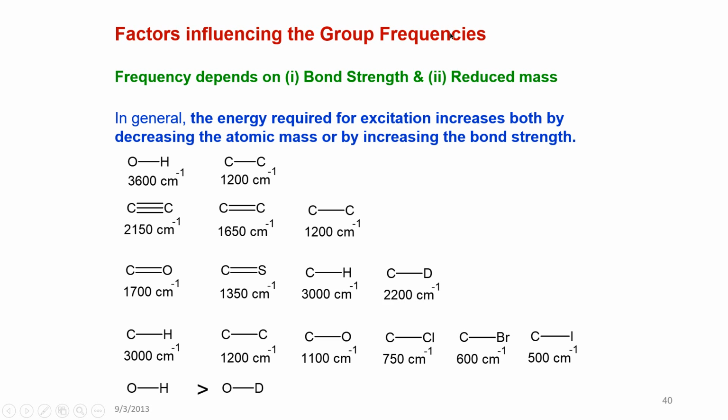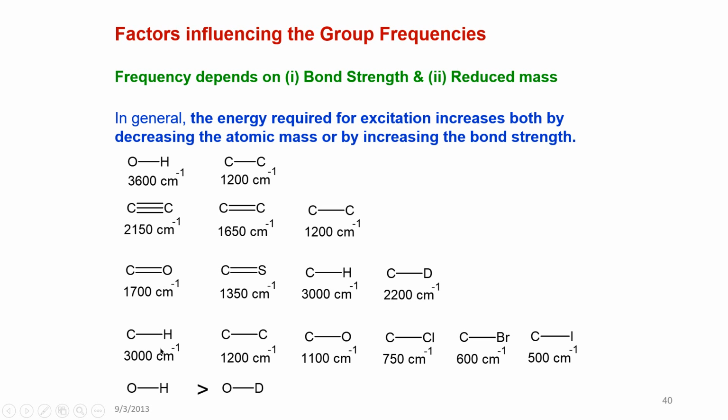So, the factors influencing group frequencies. It depends on the bond strength and the reduced mass. In general, energy required for excitation increases by decreasing the atomic mass. So when there is a decrease in the atomic mass, the energy required for excitation will increase.